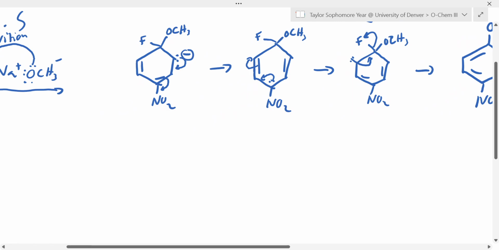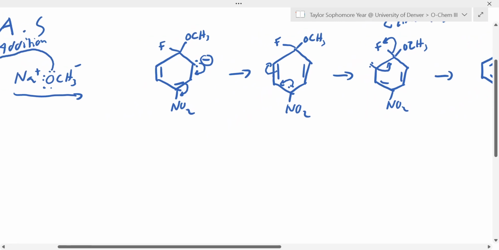Now, oppositely, we can also have another path in this step.